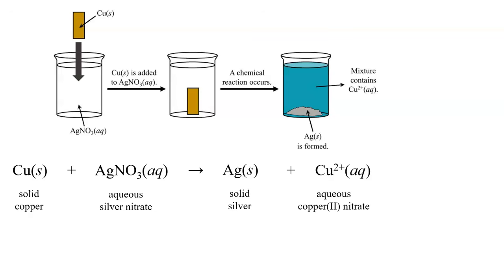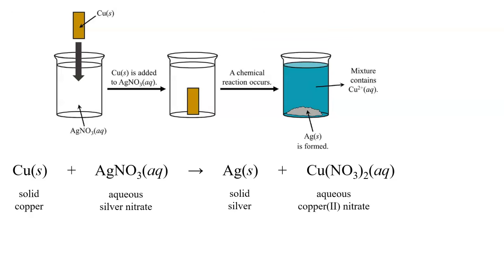And the formula of copper 2 nitrate would be Cu, and then parentheses around the NO3 with a subscript of 2. In other words, there are 2 nitrate ions for every 1 copper ion in that chemical formula. Now, right now this equation is not balanced because I have 2 nitrate ions on the right and I have only 1 nitrate ion on the left.